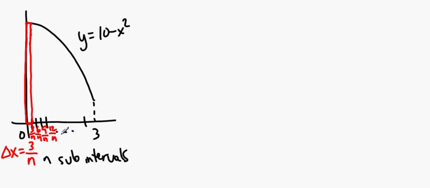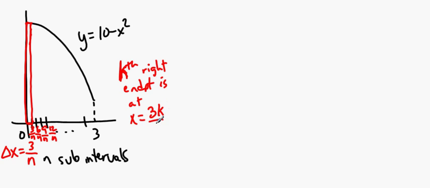And so it turns out that the kth right endpoint is at x equals 3k divided by n. The first one is at 3 times 1 over n, the second one is at 3 times 2 over n, the third one is at 3 times 3 over n, and so on down the line.